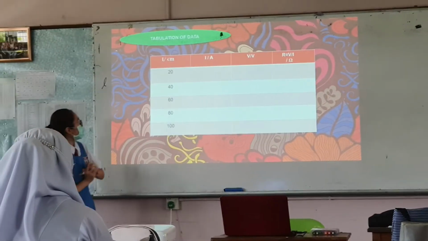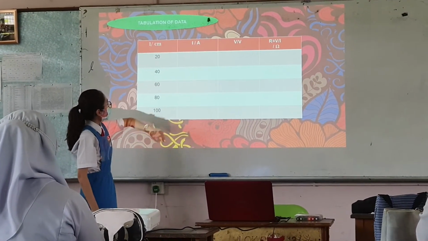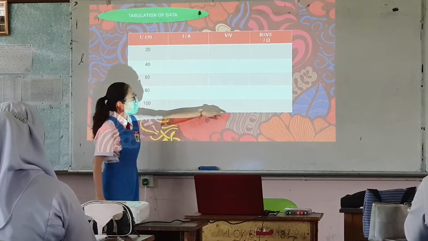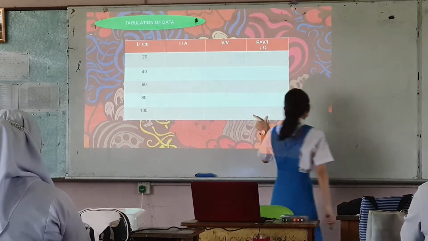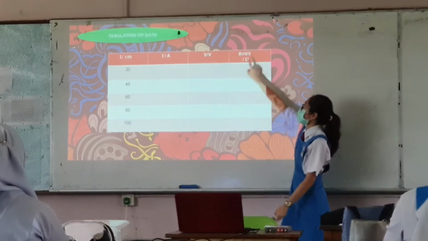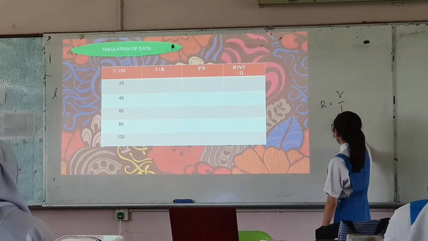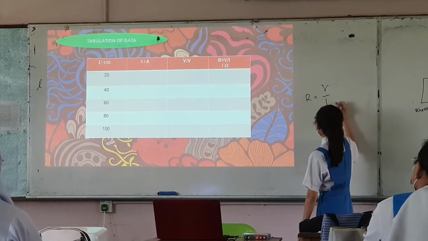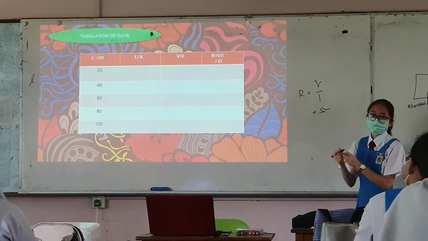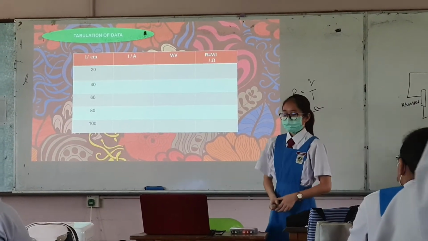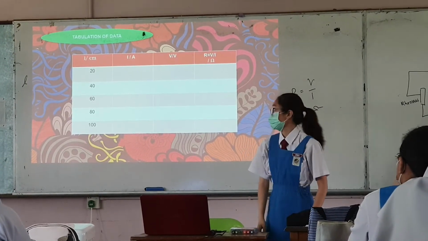Okay. This is the current, voltage, and the resistance. Because we need to measure the resistance, this is the formula that we have to use. Like this. Okay. Class, any comment on the title of the table?